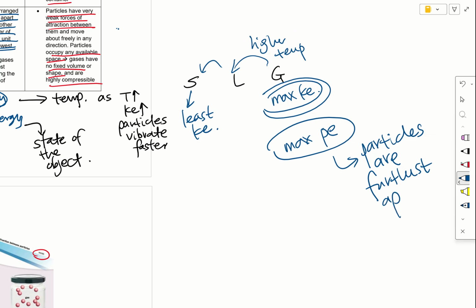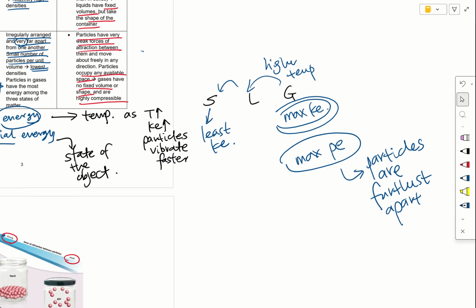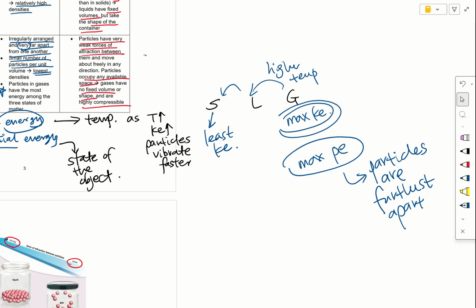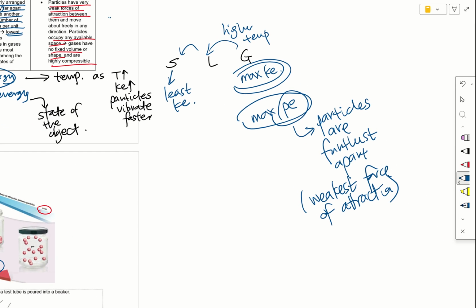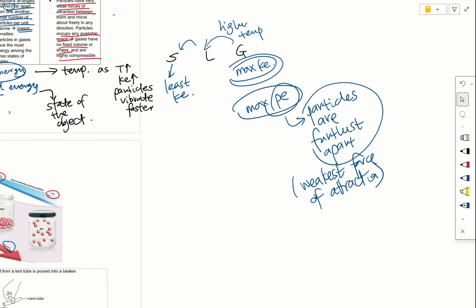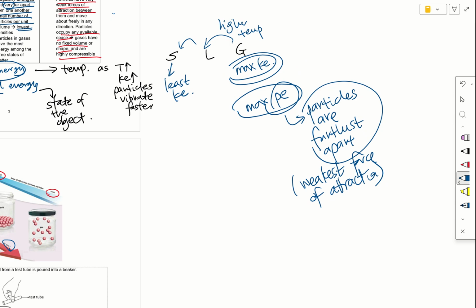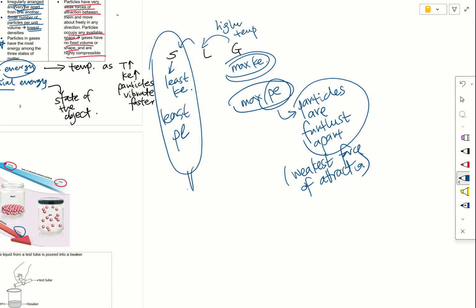I know previously we talked about the forces between the particles. So although gas has the weakest force of attraction between particles, the PE actually depends on how far apart the particles are. That means solid has the least PE as well. That means solid has the lowest internal energy.